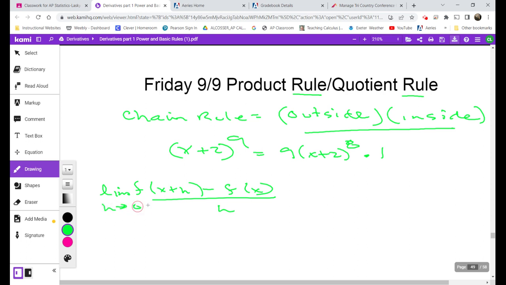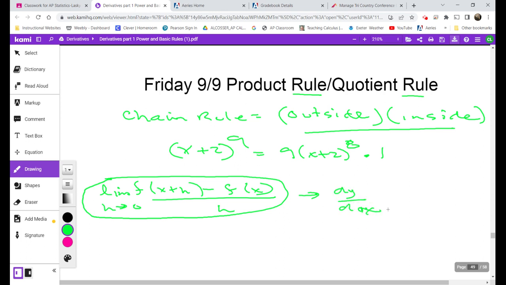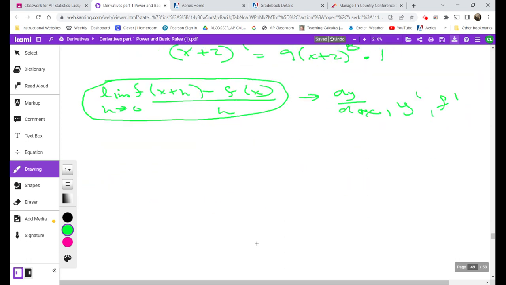So this is what we showed of how we find the derivative, but dy/dx, y prime, and f prime are the shortcuts to this. In those shortcuts, we end up with rules. Remember, the quotient rule is a derivative, so you're finding the slope of a tangent line.